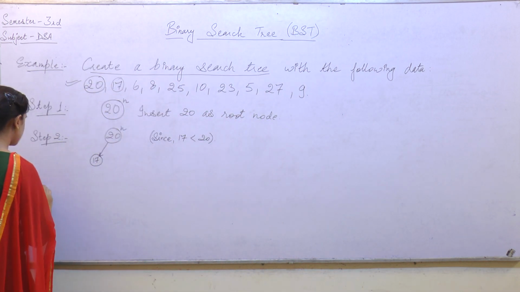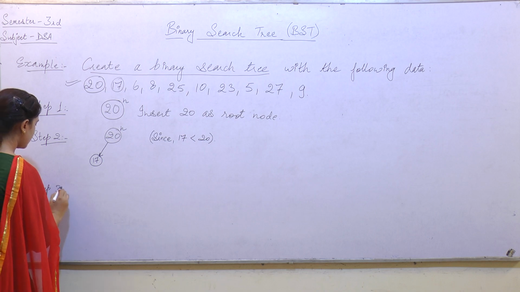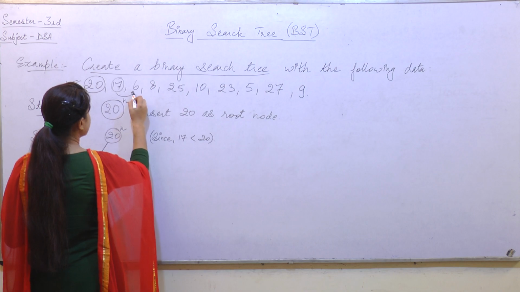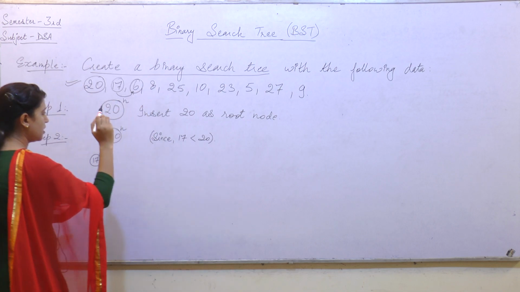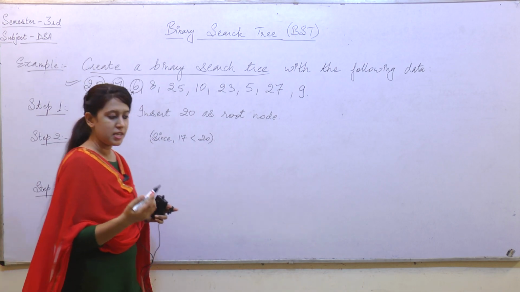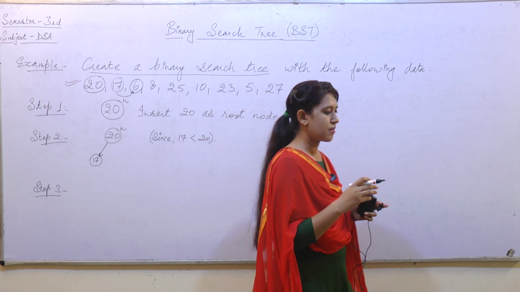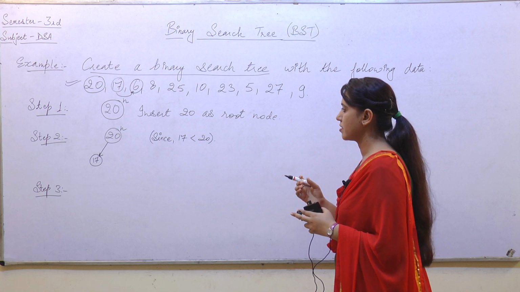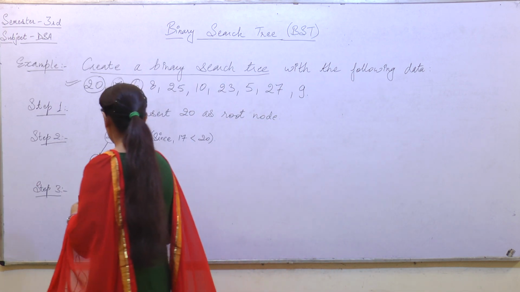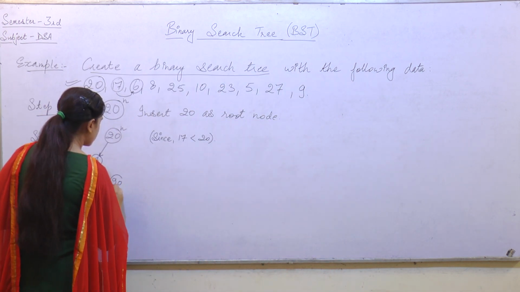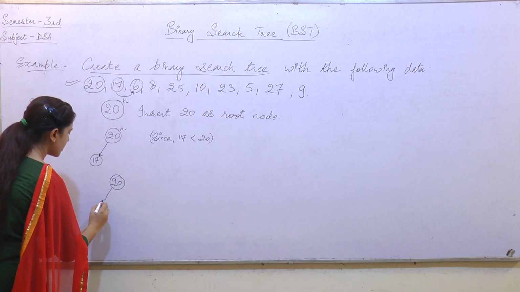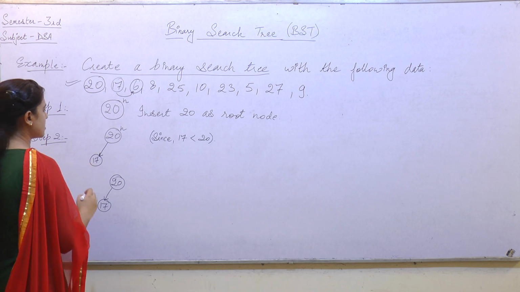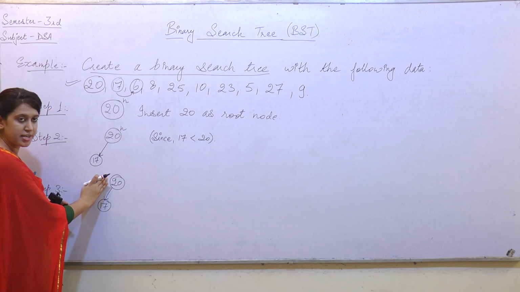Similarly, in step 3, we come to the next data element, that is 6. For inserting 6, we will compare 6 with our root node. 20 is our root node, and it has 17 as the left subtree. Now we compare 6 with 20.